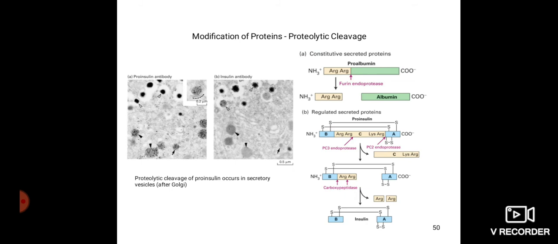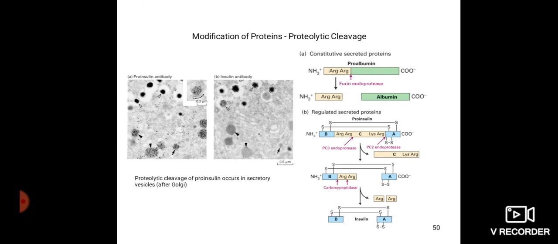This propeptide part is going to get cleaved out by furin endoproteases, which remove the propeptide, leaving only the albumin molecule, which can again get folded and get secreted out of the cell.